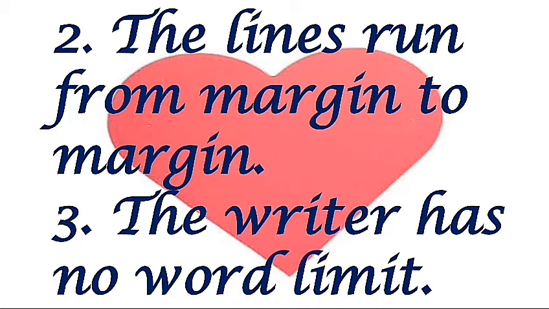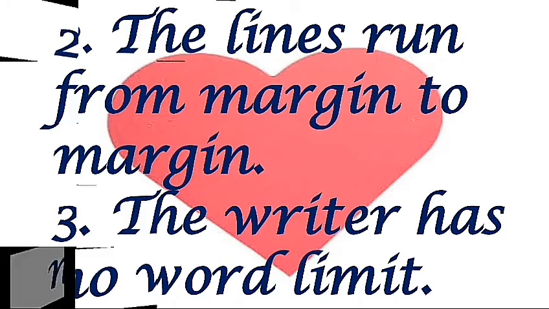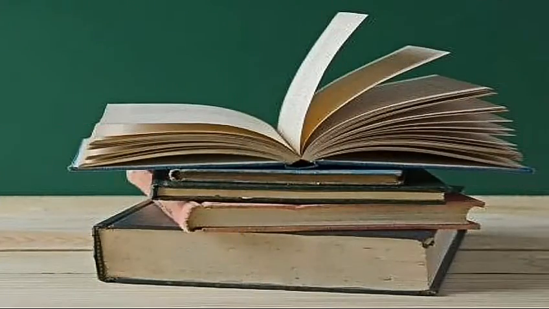The writer has space and room, like I said before, to talk about anything he wants to elaborately in details. That is why some novels are very big in size. They are voluminous, while some are small.